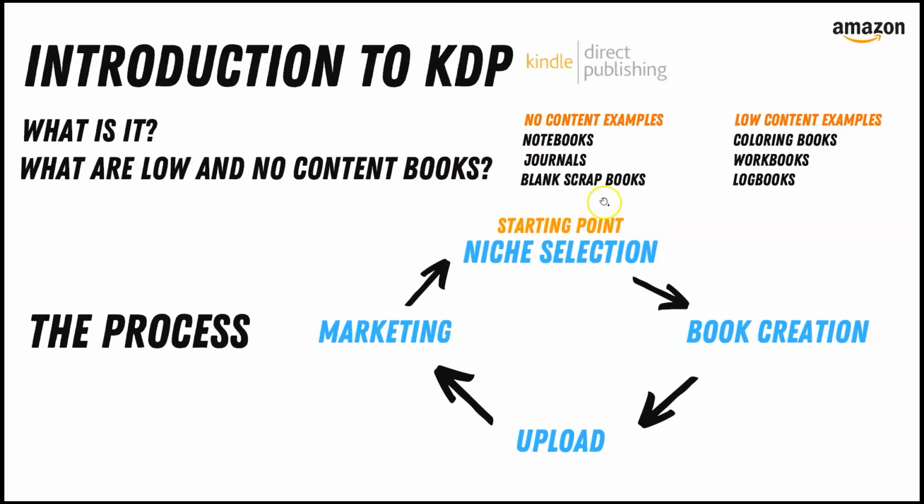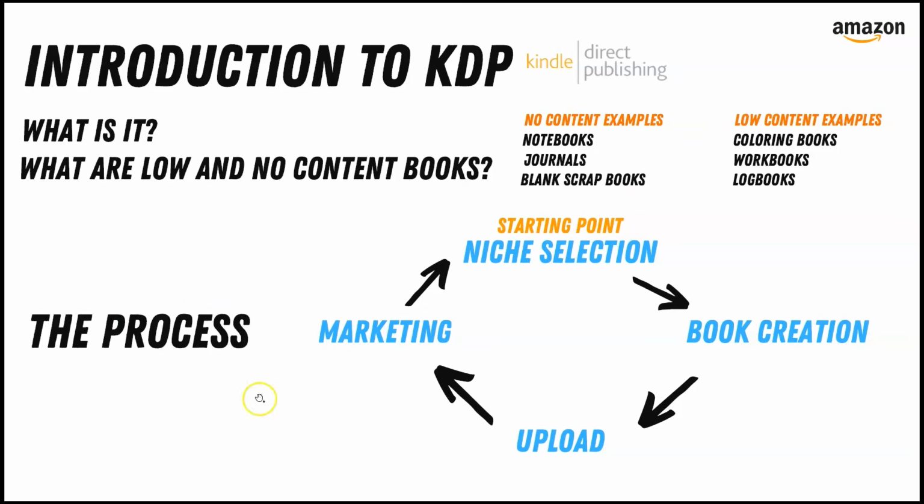No content books, on the other hand, are generally like lined manuscripts, which could include journals, they could include blank scrapbooks, any of those sort of things where you just might have a couple of very small introduction pages, but the rest of the book is lined or has very little or no content at all. Not saying it's low quality, it's just no content. So the process, let's have a look at that.